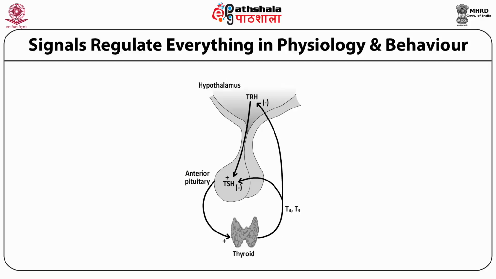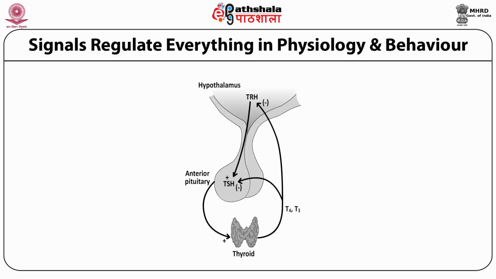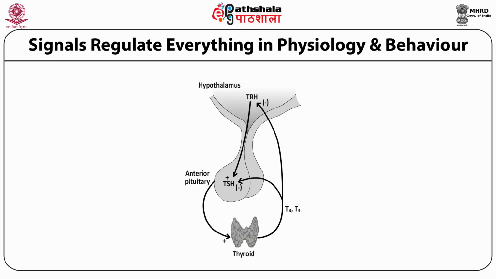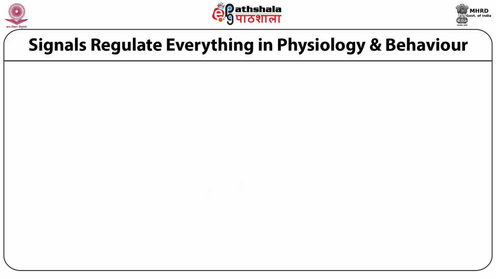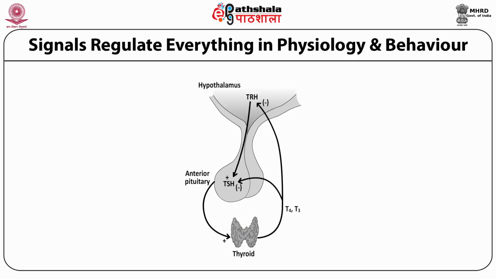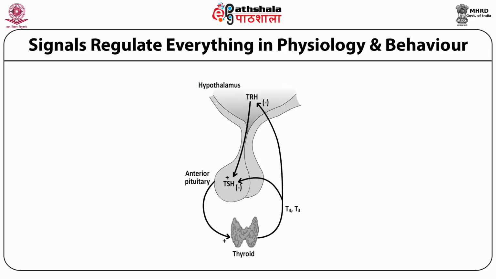Here is an example where TRH, or thyrotropin releasing hormone, arises from the hypothalamus, a region of the brain, travels a distance and acts on the anterior part of another tissue which we just now named, the pituitary gland, which in response to this signal releases its own hormone called thyroid stimulating hormone, a glycoprotein.